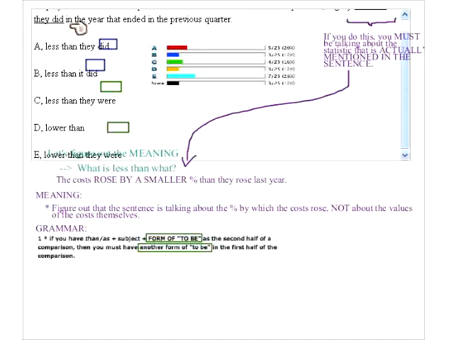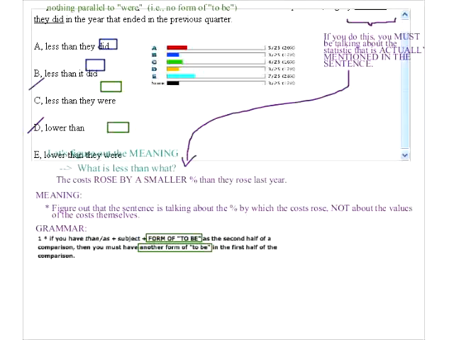There's no form of to be over here. Employment costs rose and they were. Nothing parallel to were. In other words, there's no form of to be over here. So either way you can eliminate here. The ones that say they were are incorrect for both of those reasons.